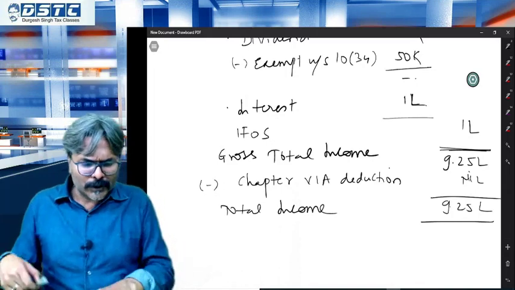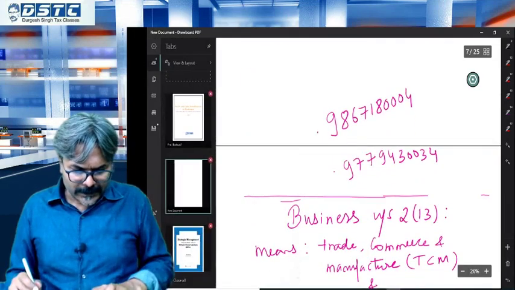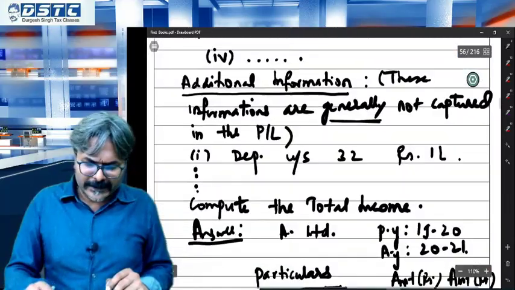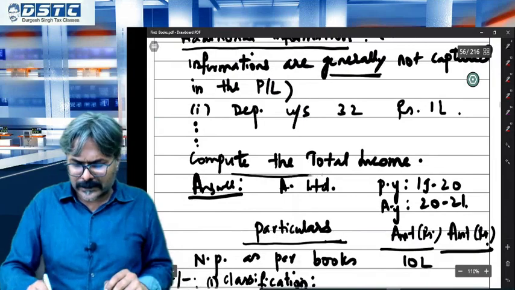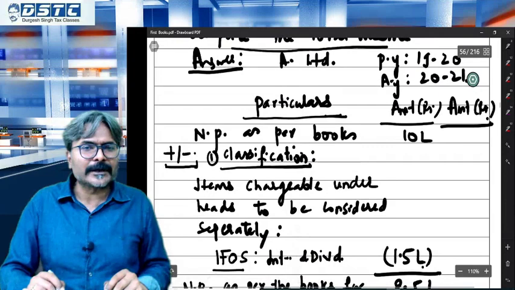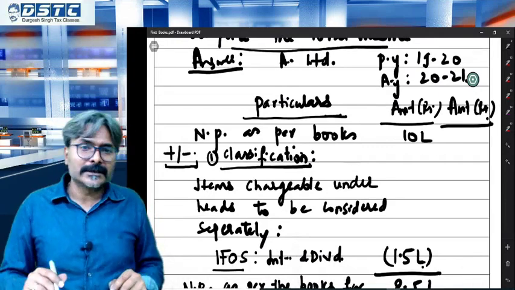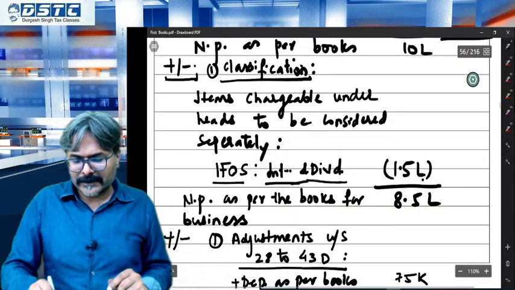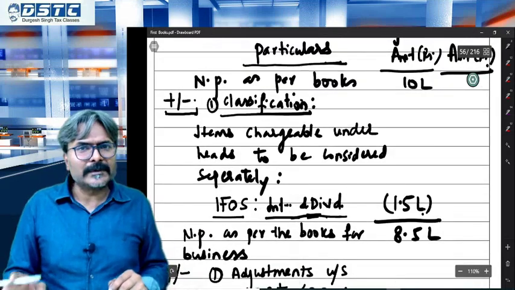And when you do this computation, the first step in computation of total income has to always be a classification: specific charge, general charge. Here in my example, there was a specific charge on interest and dividend, and that has been eliminated.